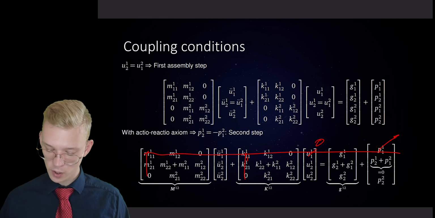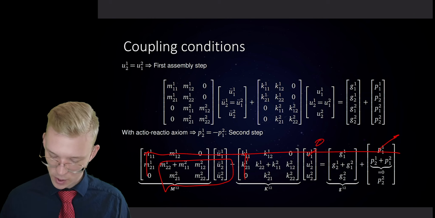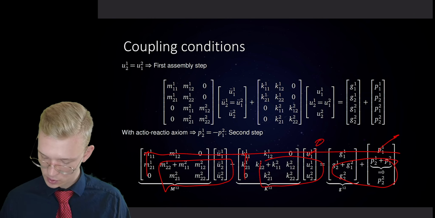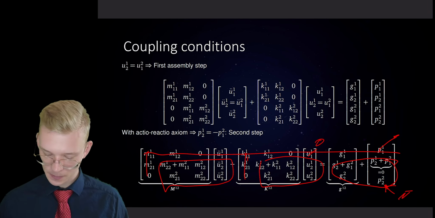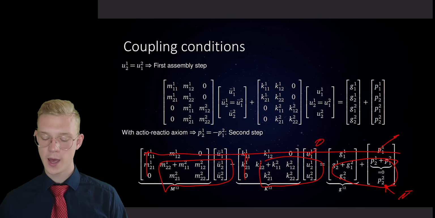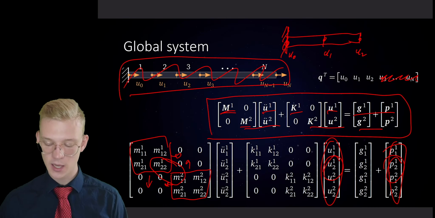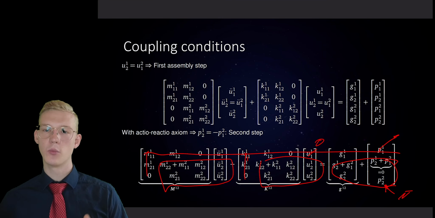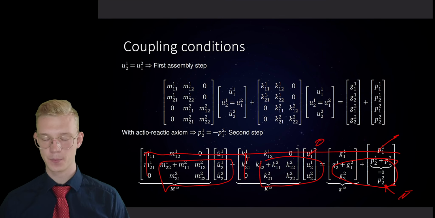And then we only are left with two equations for two unknowns, because P2 will be our given force. And that's how we can solve for the displacement of a system that we discretized. And the more elements we use, the more correct our system will become.